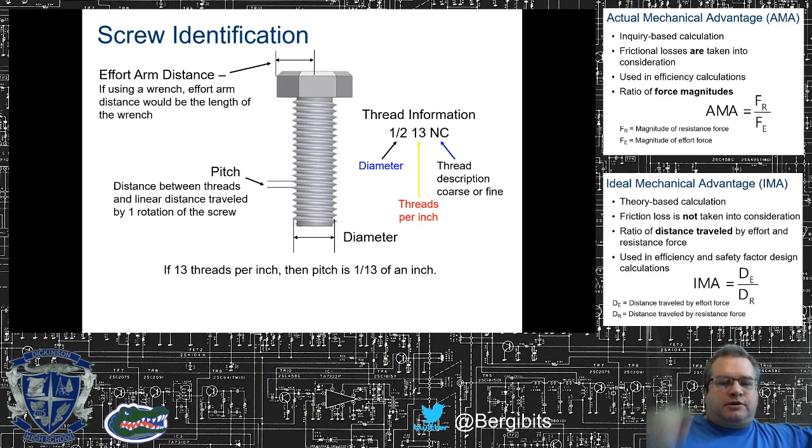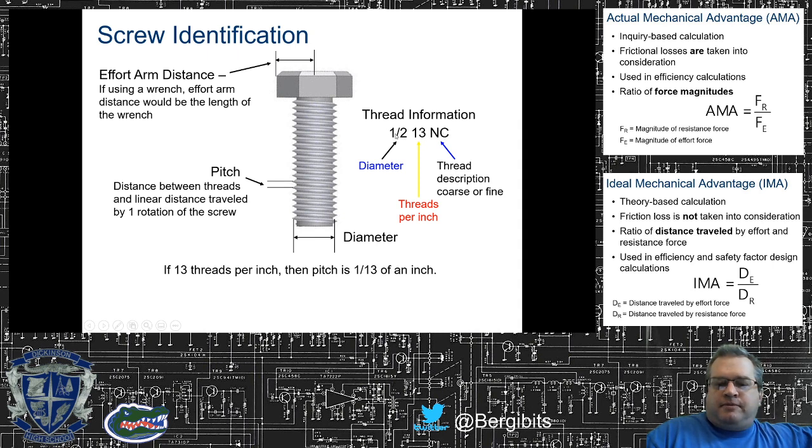All right, so the effort distance from the center of the bolt to the edge is the arm distance. There's your pitch: one rotation of the screw. And then you're going to have to read this. This is how it's stamped into the bolt or the box that it comes in. They all have these numbers.